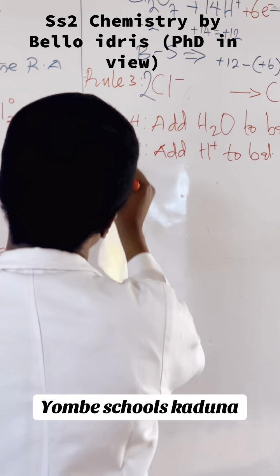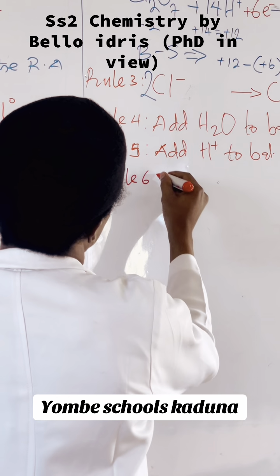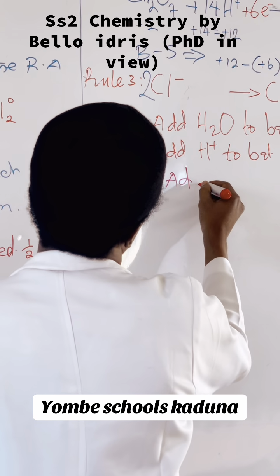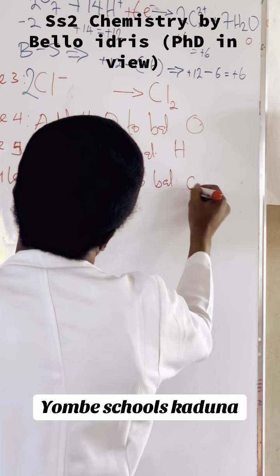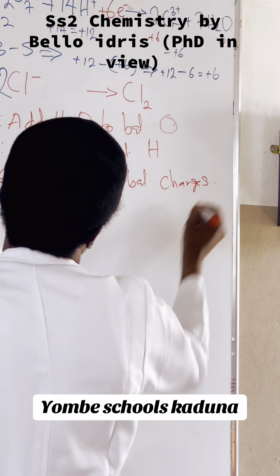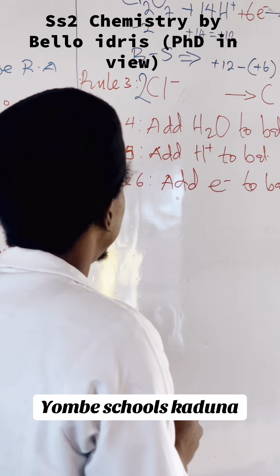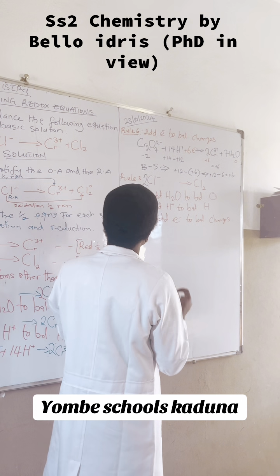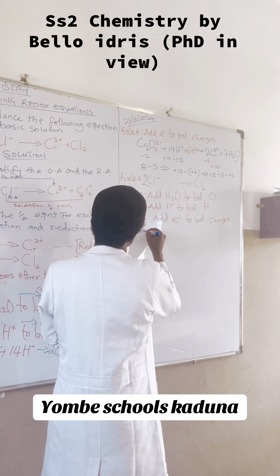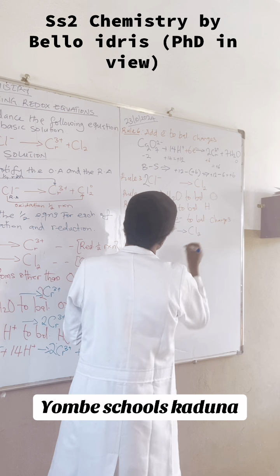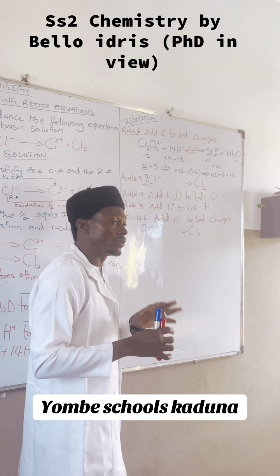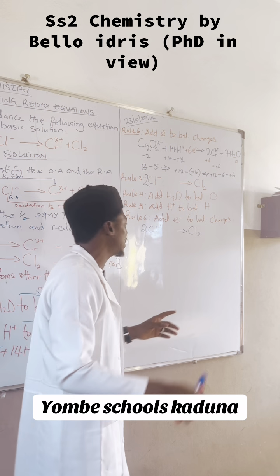Rule number 6: add electrons to balance charges. We write the equation. So now, 2Cl minus arrow Cl2. So now we count the charges on the left hand side and the charges on the right hand side.